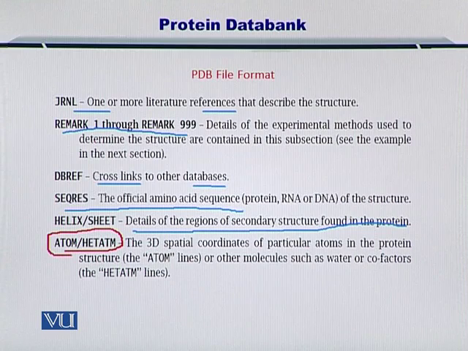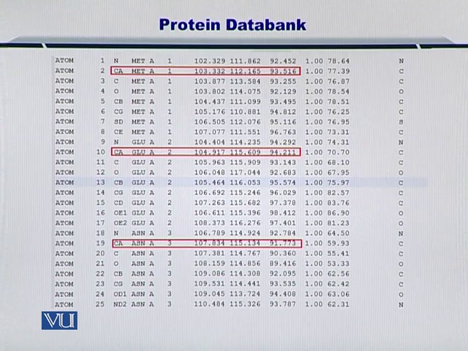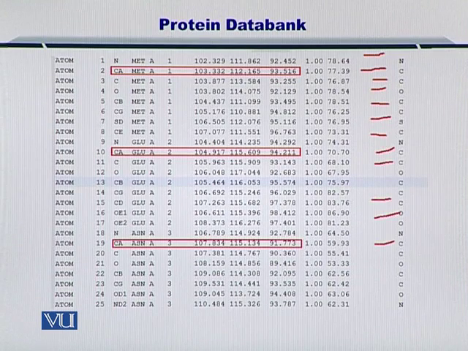These atom positions give you the coordinates of particular atoms in the protein structure. They are labeled by atom, and I'll show you an example of the PDB file. This is the information which tells you about the location of each alpha carbon atom. This is an example PDB file, and each row here shows different atoms that are there in a protein backbone.